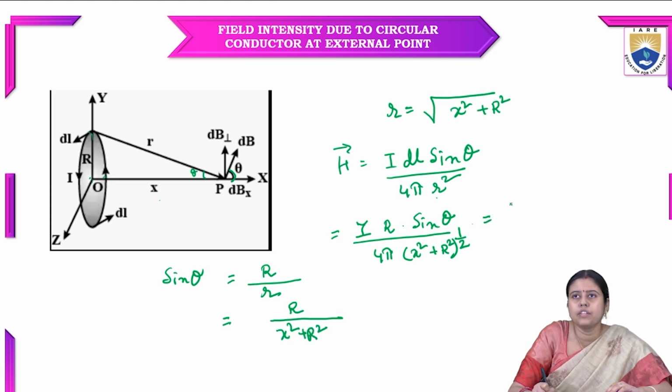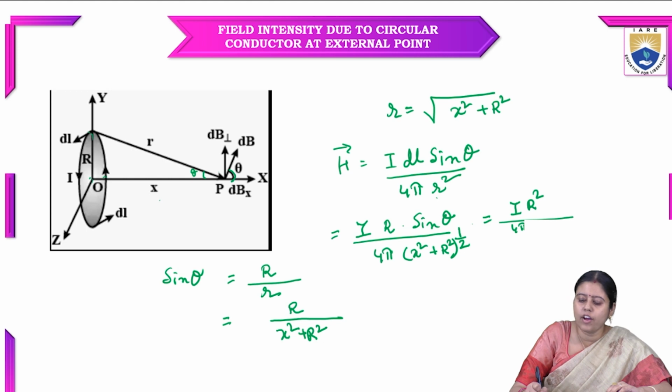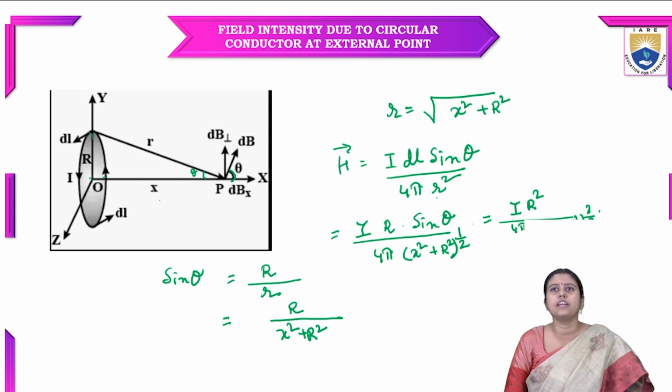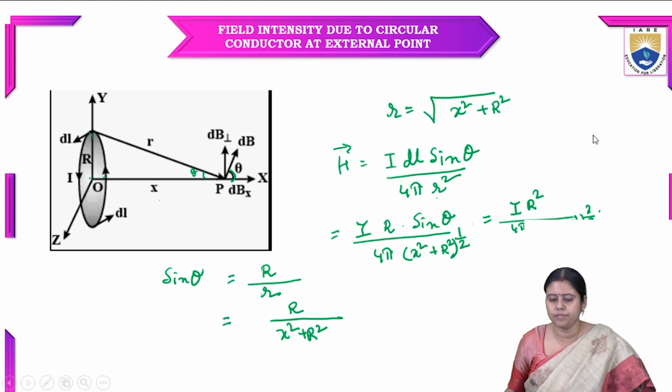So if I put the values, H is equal to I r square by 4 pi into x square plus r square to the power 3 by 2. So this is the field intensity for the external point.